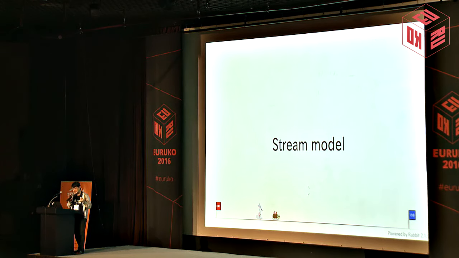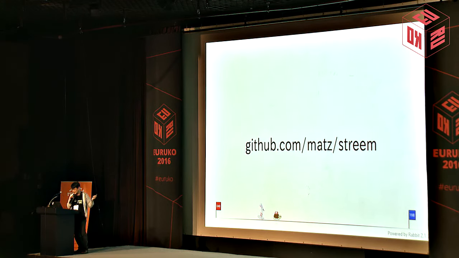And as I said, we gave up the stream model, but I still experimented with that model in a different language. This is my toy language with the streaming model on GitHub. You can check it out and play with it.